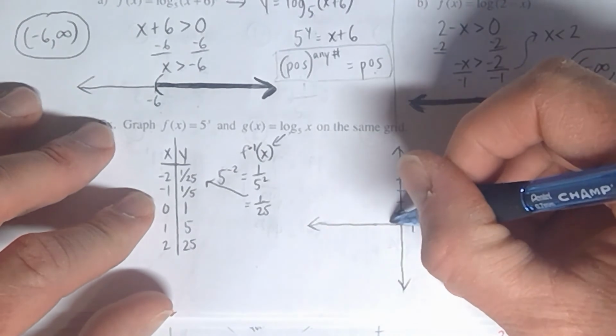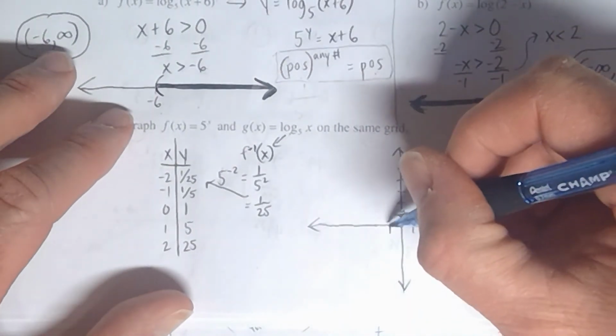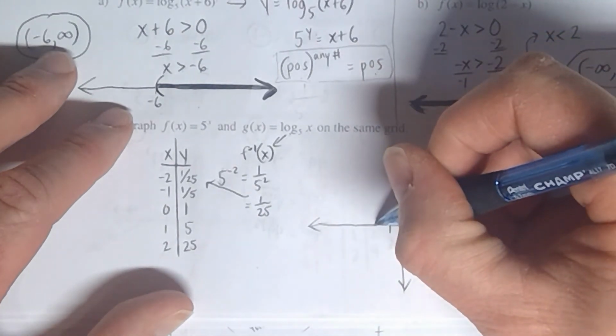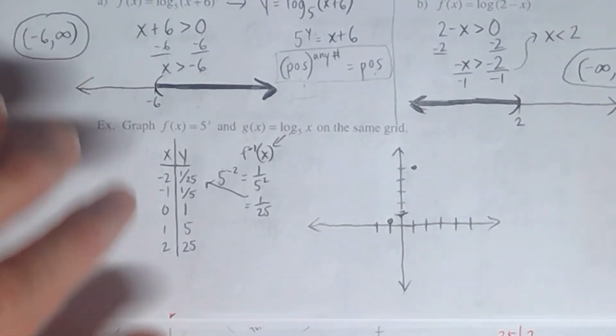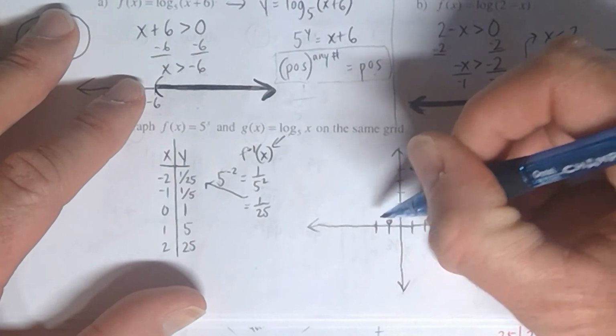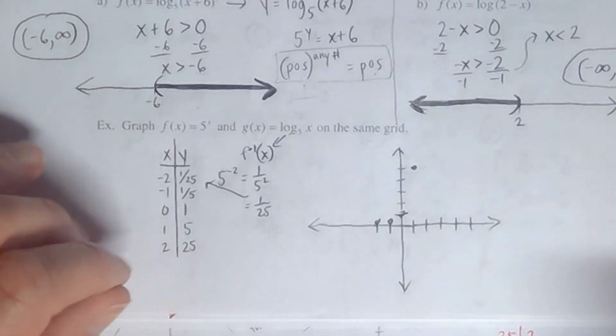Negative 1, 1/5. 1/5, if you put that in your calculator, is 0.2. So just so long as you get it between 0 and 1, that's fine. Same thing with 1/25. That is 0.04 in your calculator. So again, since it's 0 point something, just get it between 0 and 1. That's close enough.